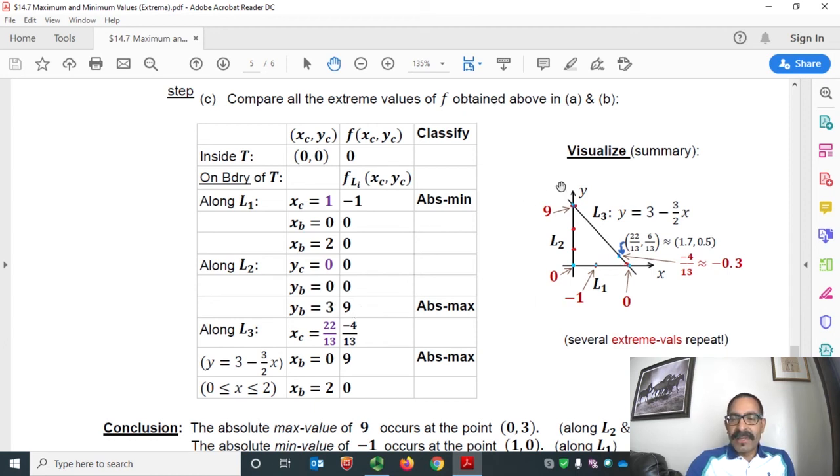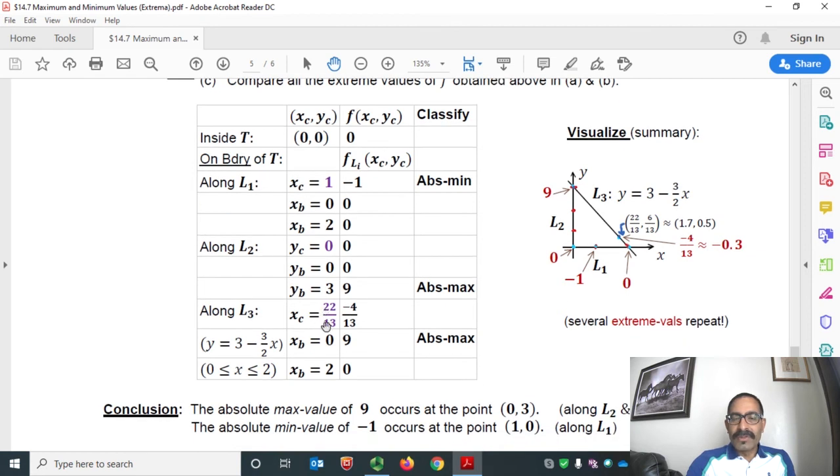Similarly along L3, this line, we found the critical point 22/13, and the corresponding y is 6/13, which is approximately (1.7, 0.5). So it makes sense to us.